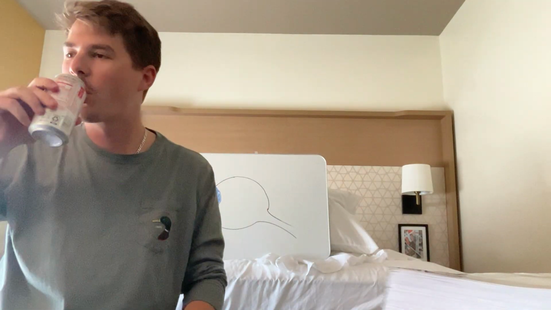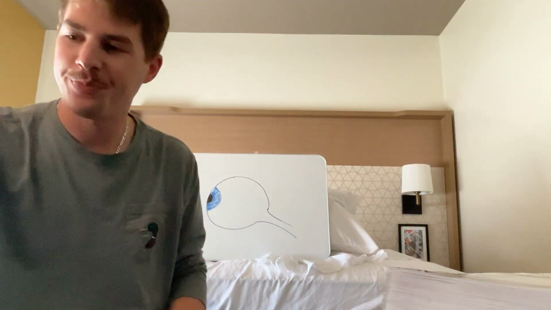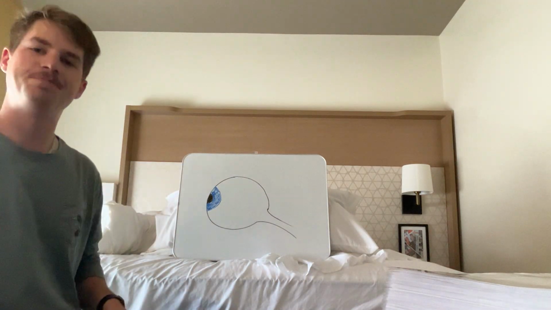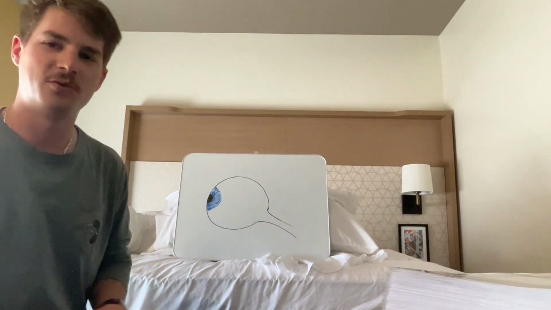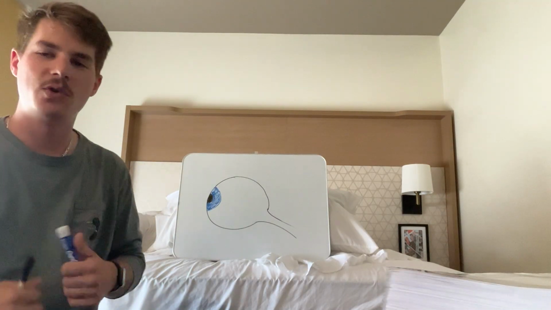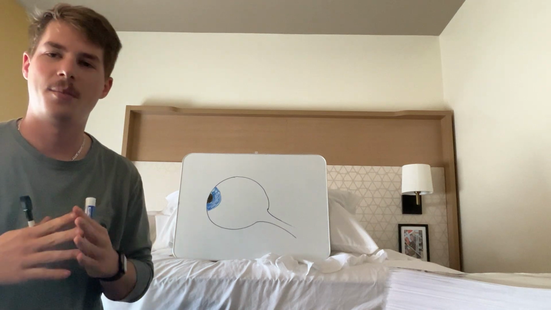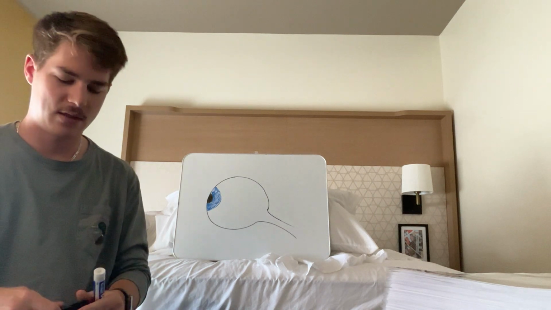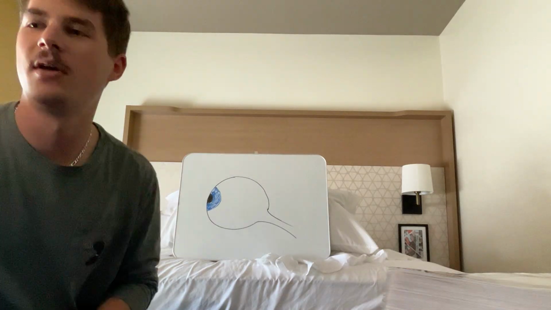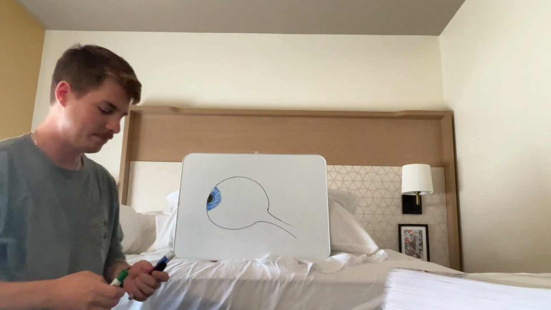So let's talk about the eyes. This is an eyeball, if you haven't figured that out. I tried to draw it as best as I can. But we have a few parts here that we need to identify before we start talking about how everything works.